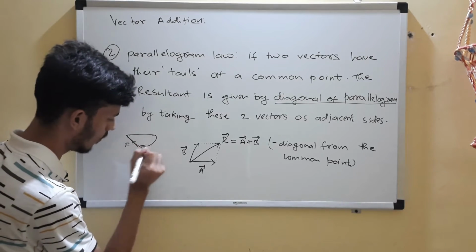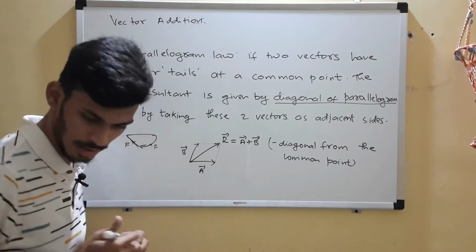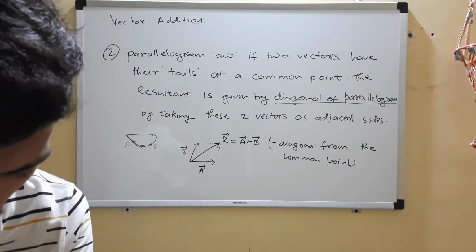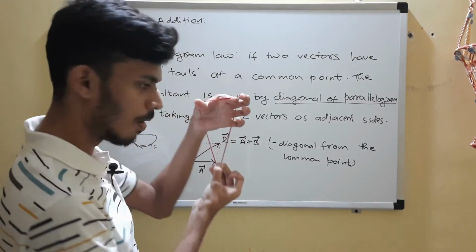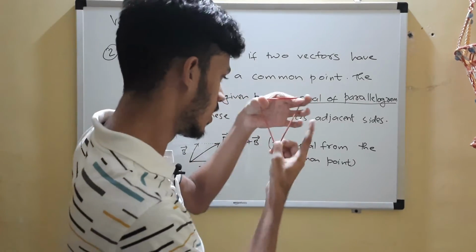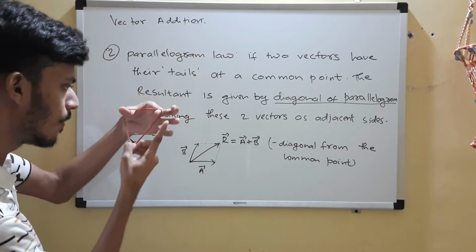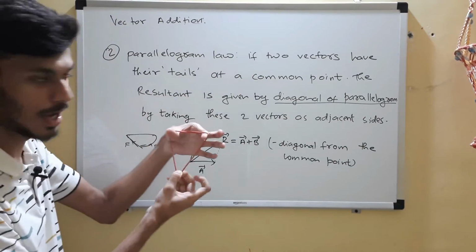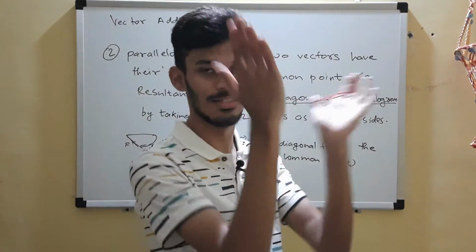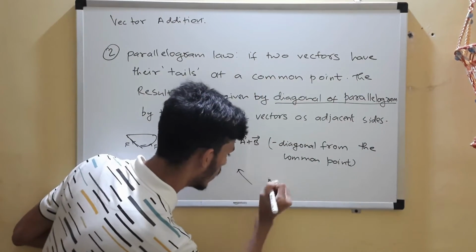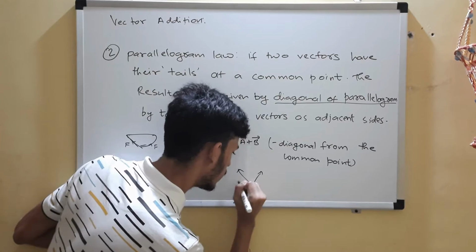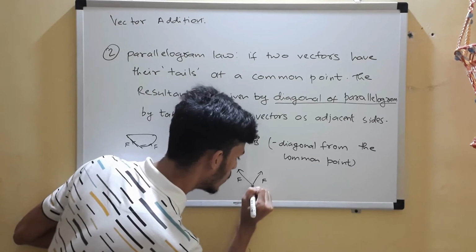I'll write force F and F. So this is a rubber band. When I pull it, there is a force. This side says come back, and this side also says come back. So there are two forces.